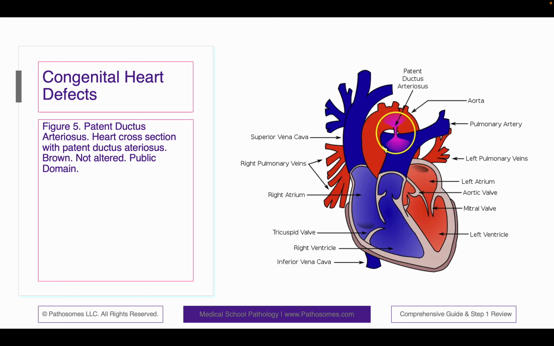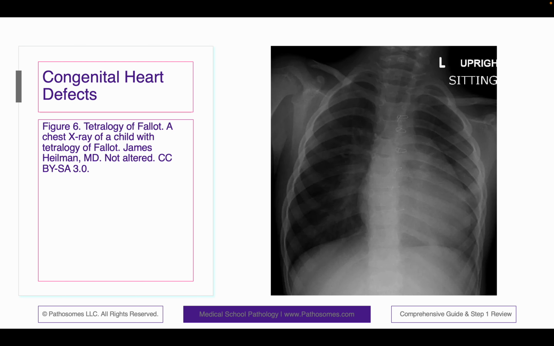And here's a cartoon showing a classic congenital heart defect, a patent ductus arteriosus. And here we have an X-ray of a patient with Tetralogy of Fallot.